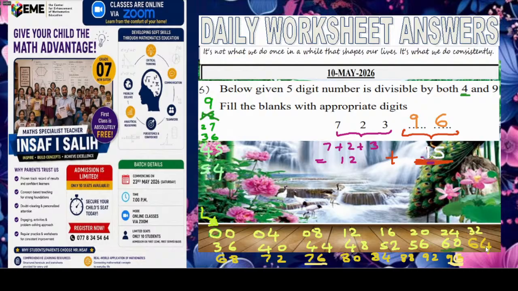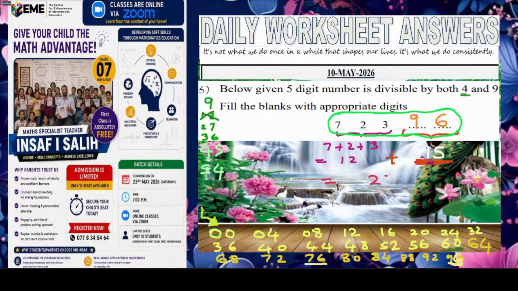Now when we put 9 and 6, this number, what I'm circling in green, 72,396 is divisible by 4. Why? Because 96 is a multiple of 4. Is it divisible by 9? Yes. Why? Because when we add the digits 7, 2, 3, 9, 6, the answer is 27. That's what we planned.